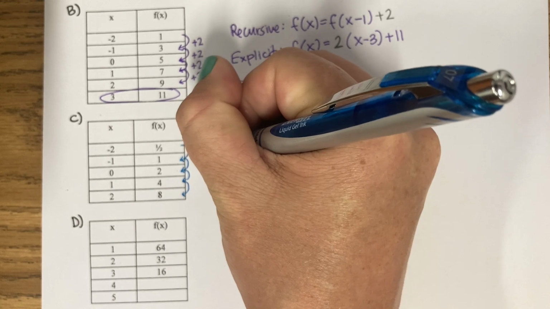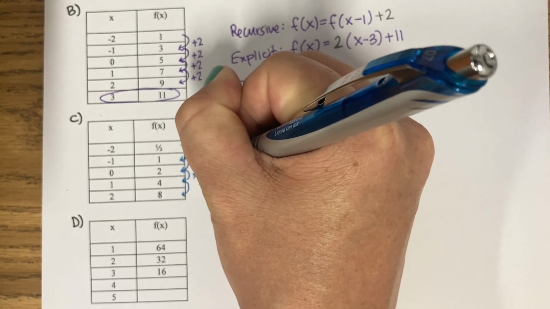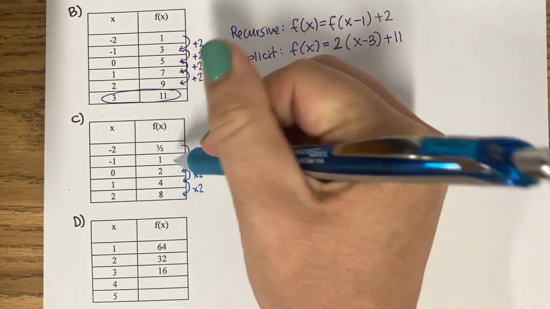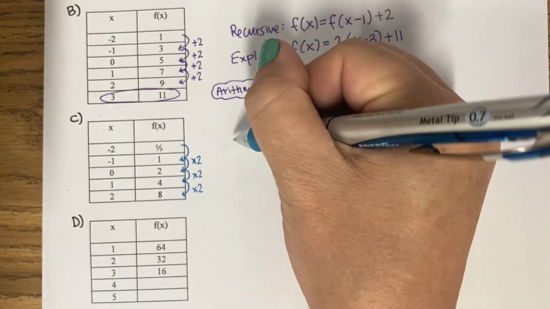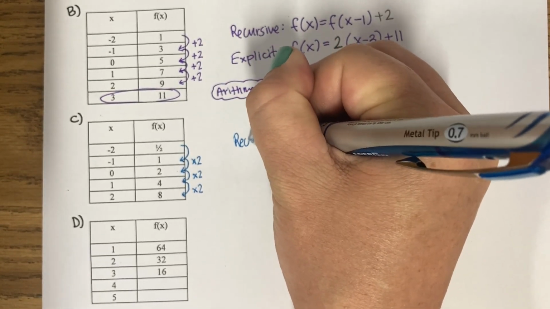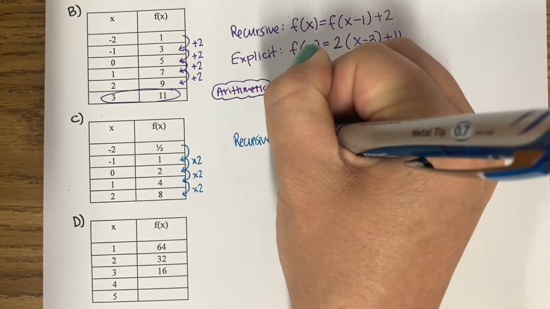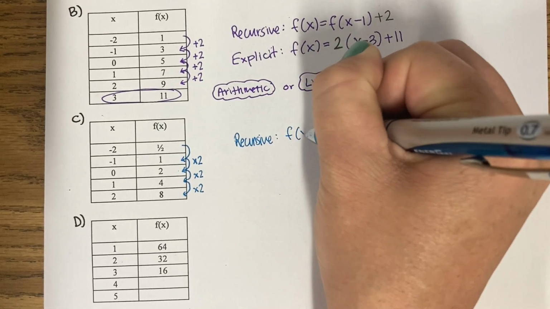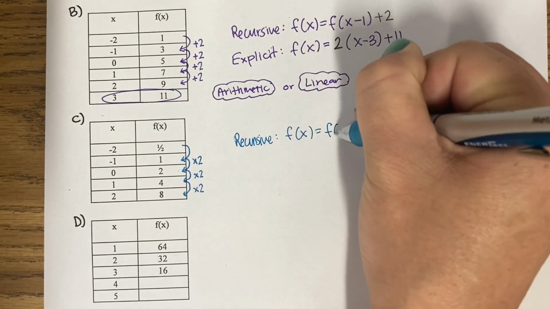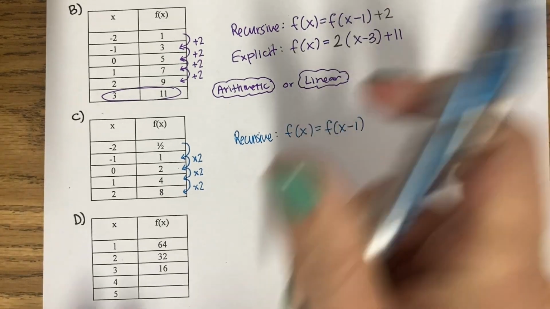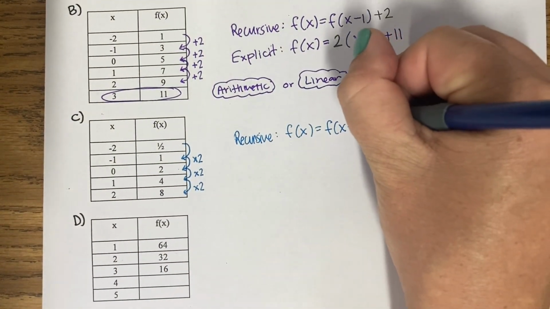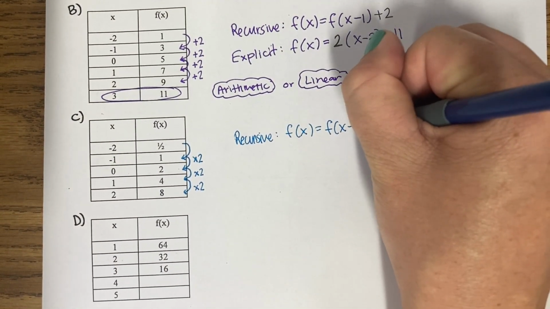So it is actually multiplying by 2. And I don't have to fill anything in. Recursive, f of x equals f of x minus 1. It is multiplying, so I put a little dot by 2.